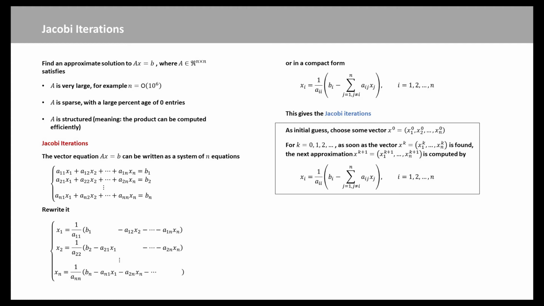And then we go through each equation i from 1, 2, 3 all the way to n. For each equation, we perform exactly this fixed point iteration algorithm, putting xk on the right hand side, computing it and returning the value into xk plus 1. And then you end your loops.